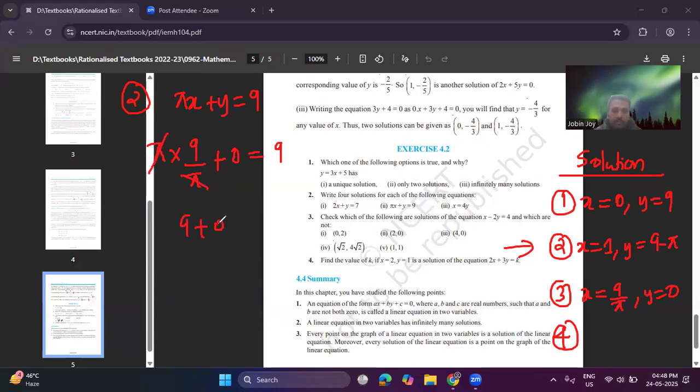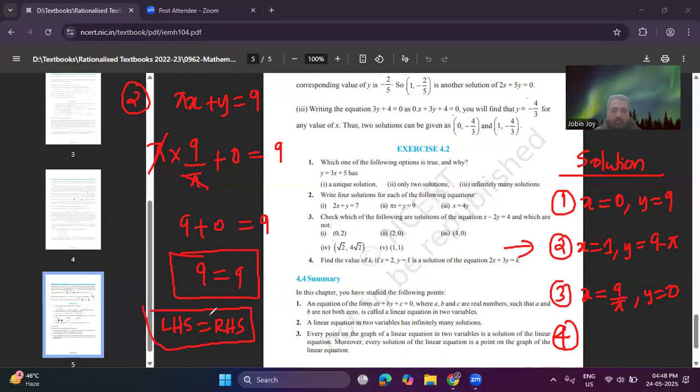So 9 plus 0 equal to 9. 9 plus 0 is 9. So 9 is equal to 9. Again, LHS is equal to RHS. So the solution is x equal to 9 by pi, y equal to 0. Another one, x equal to minus 1, y is equal to 9 plus pi.